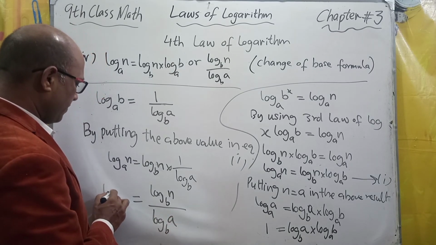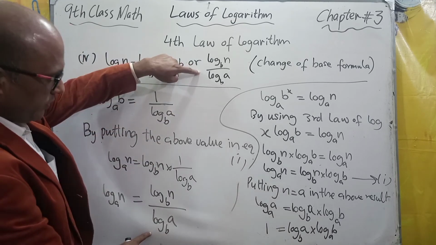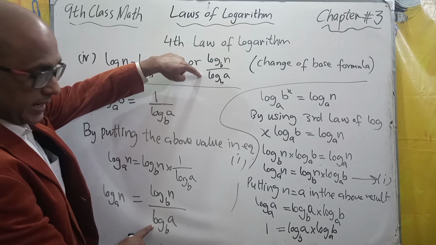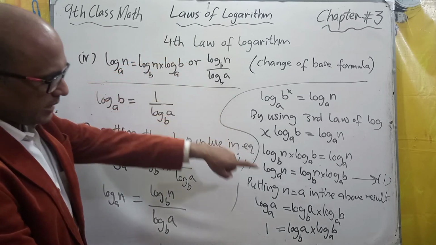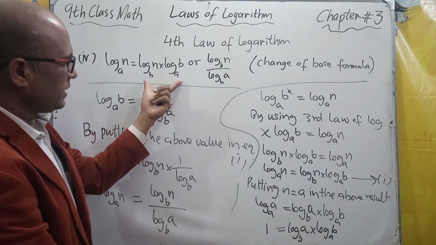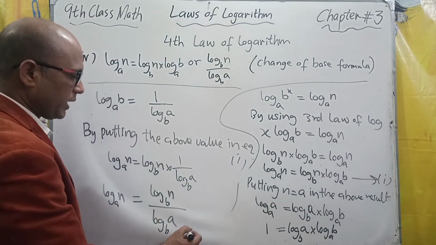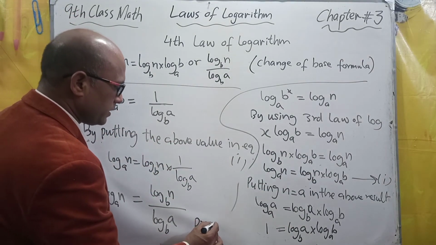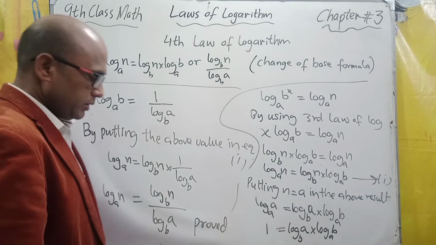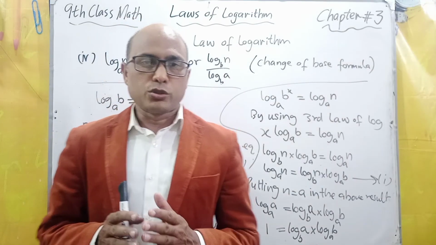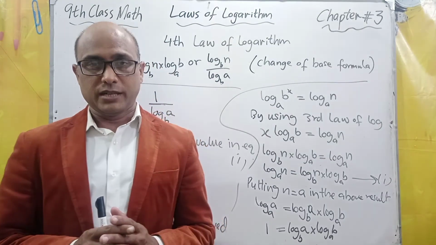So hence we have proved it. Look at this and look above. This is the second statement of the question. We have proved it. And this is the first statement of the question. We have already proved it in equation 1. So we can write here: hence proved. So students, this is how to prove the third and fourth laws of logarithm.